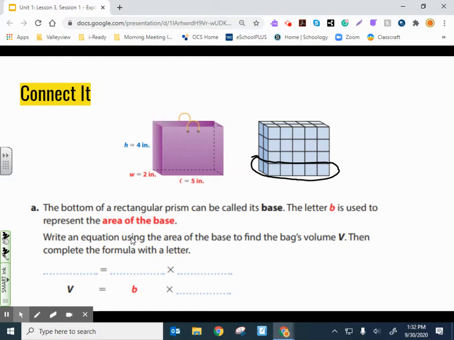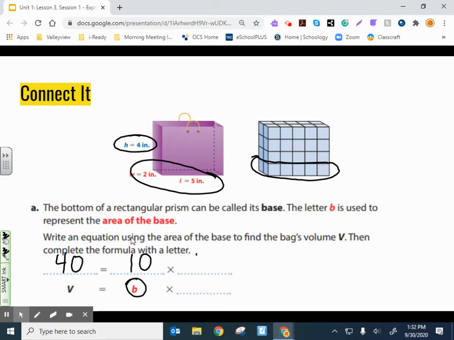Let's take our answer and work backwards to show how we found that using a formula. For this one, 40 would be the total volume. Right here where it has the B for the base, it wants to know what the base is. You find the base by multiplying these bottom 2 numbers to give you a 10. And then the height is right here.